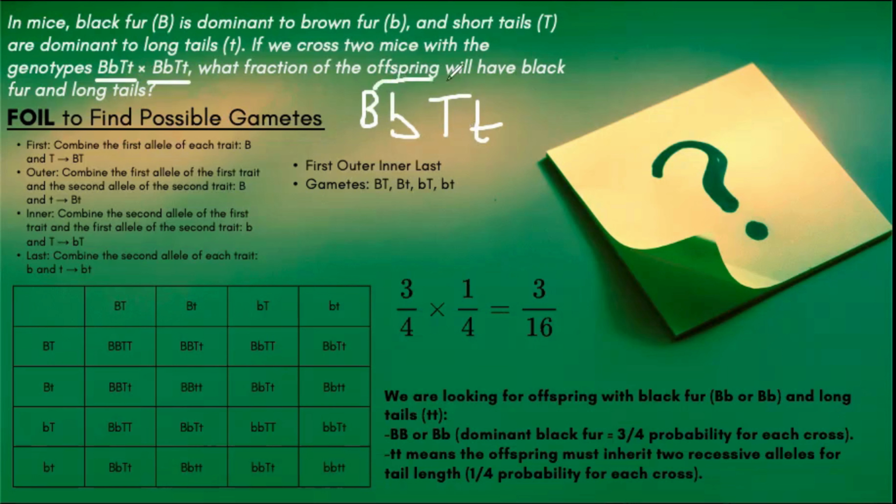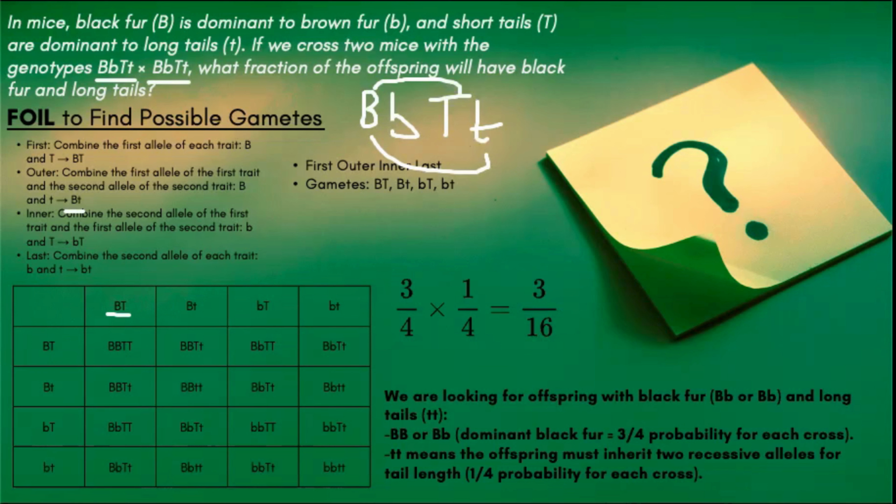So you have big B with big T because you do the first with the first, so big B, big T. First with the second, so that's big B, little t. So I use the foiling method. So first, outer, inner, last, or first, inner, outer, last.